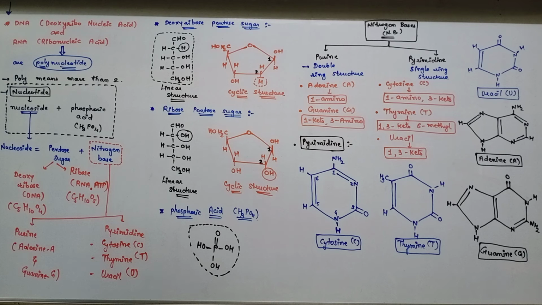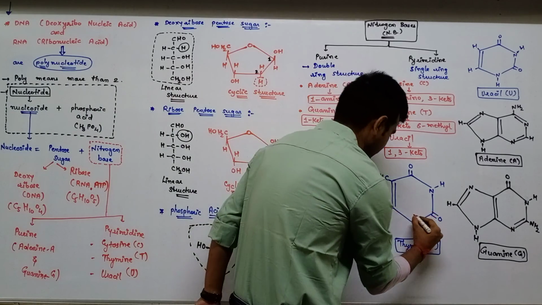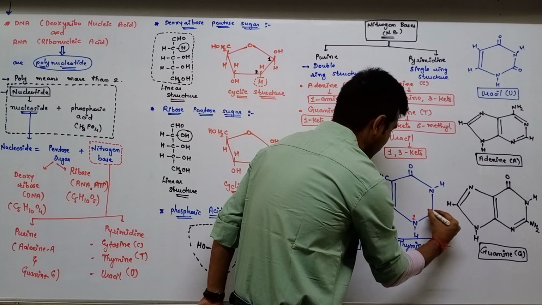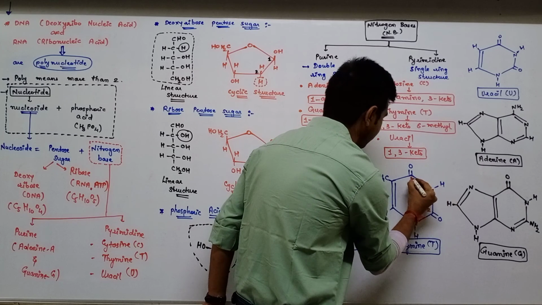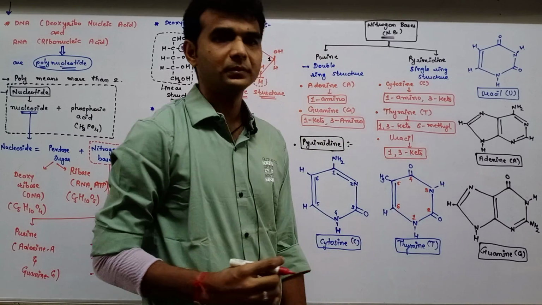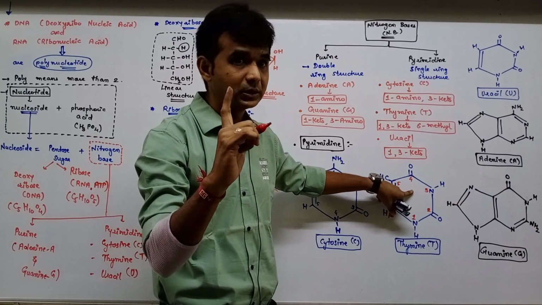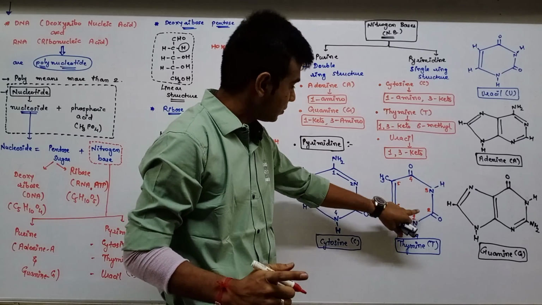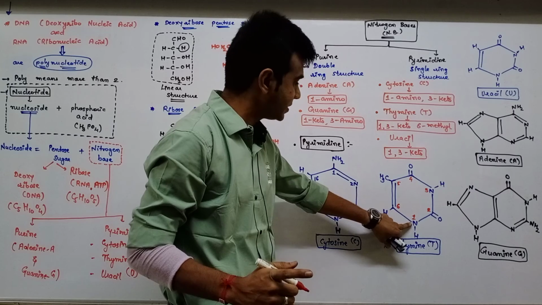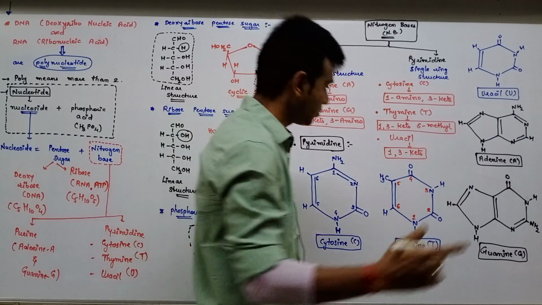So actually I want to tell you one thing here, that original number is this 1, 2, 3, 4, 5 and 6. Here in this is the exact right number. Okay, so first nitrogen according to this.